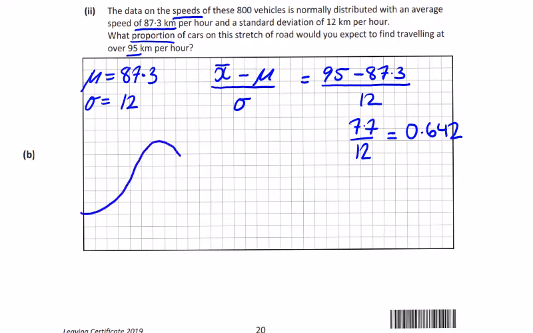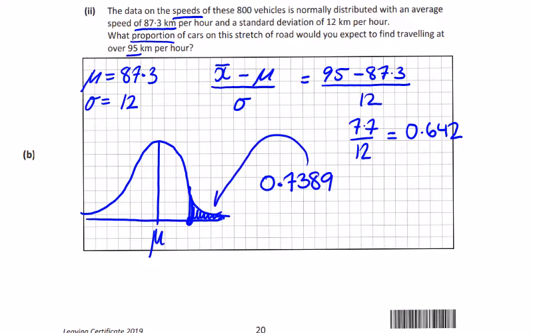Where is this on our normal distribution curve? So I've got my mean. We're testing above the mean, so we're testing up here. So let's see what's in the tail when we get this z-score of 0.642. And 0.642 is giving me 0.7389.